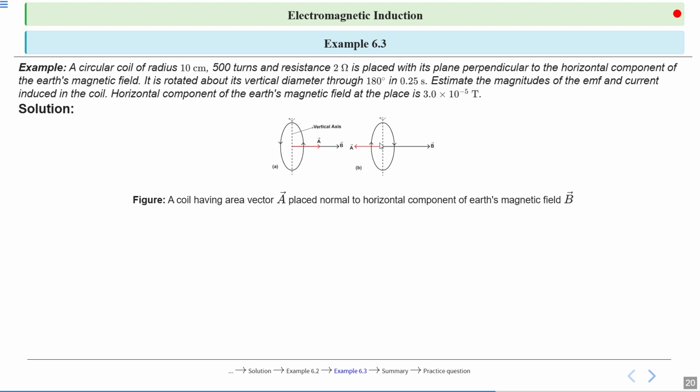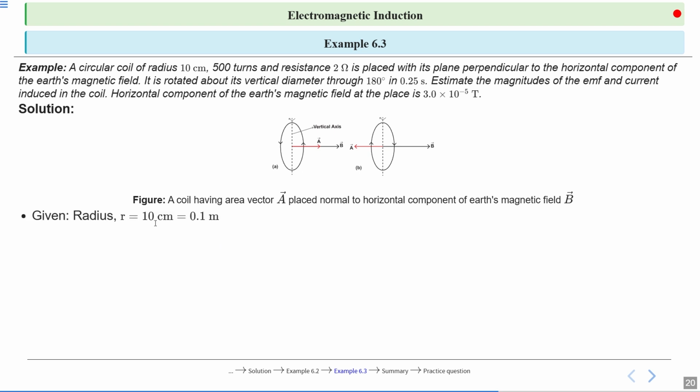When we rotate it, the induced EMF will change, so the direction of the induced current will change also. So the area vector will go there. Now we are rotating the loop. Initially, the area vector is aligned along the magnetic field. Now we have rotated it through 180 degree, so the area vector will go exactly opposite to the magnetic field. Got it?